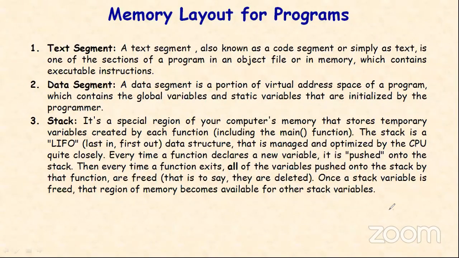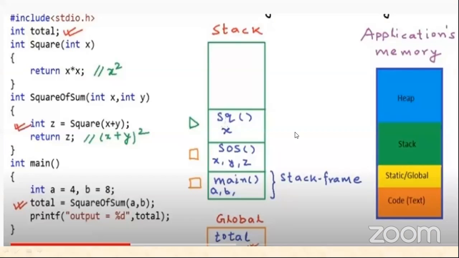So just to understand, let us take this as my program. I'm writing it like this: hash include stdio.h. Next, I need to declare one variable, int total.